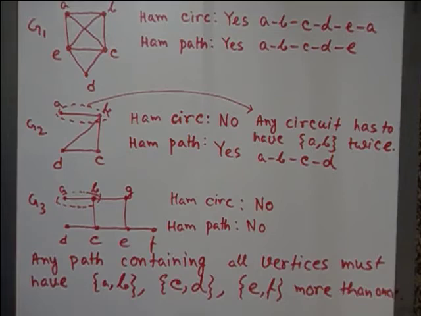And if you have these edges more than once, then you are going through the vertices more than once. Then that's not a Hamilton path or a circuit. So that's the reason.